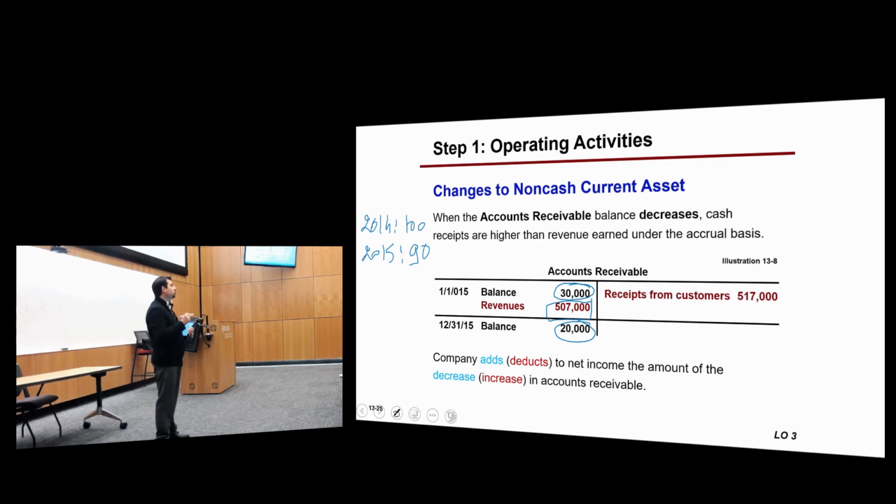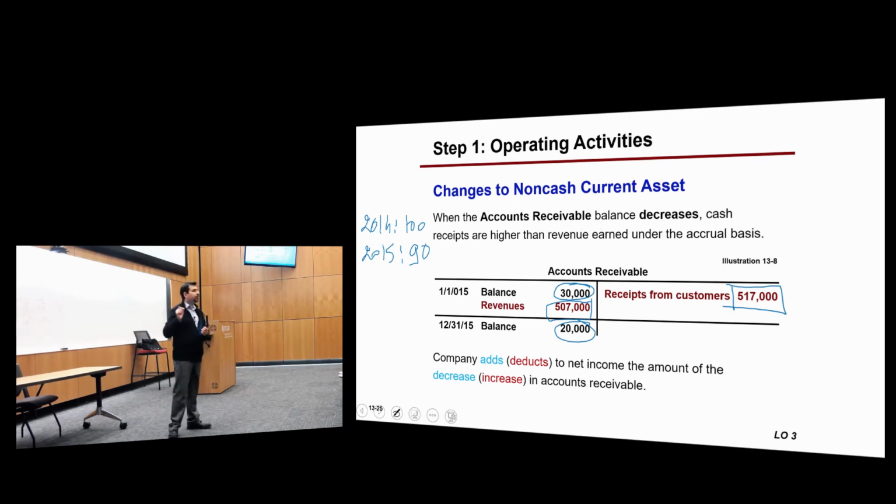That means that during this year, the company collected cash of 517,000, but recorded as revenues 507,000. Under the accrual basis, revenues were 507,000. Under the cash basis, the company's cash inflows were 517,000. So this difference of 10,000 will have to be added.